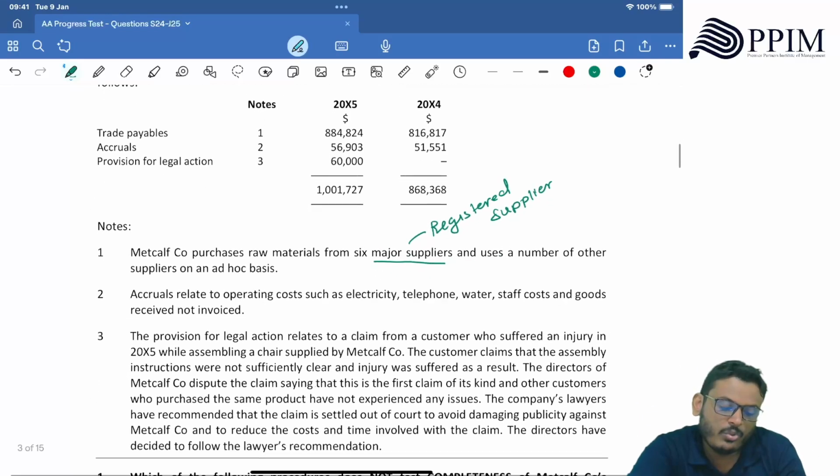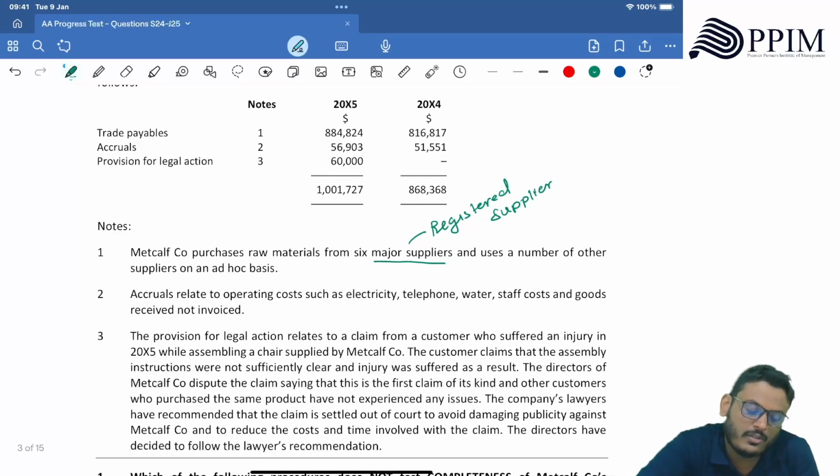Accruals relate to operating cost such as electricity, telephone, water, staff cost, and goods received not invoiced. And the third one, the provision for legal action.